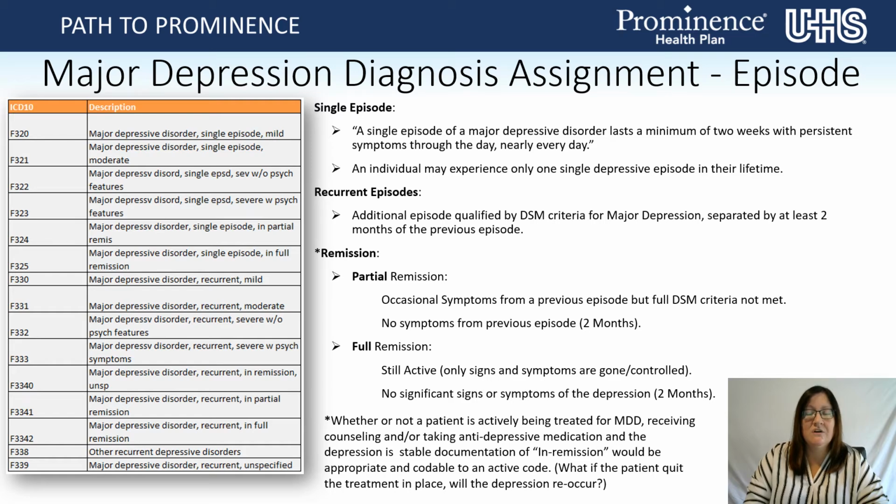Will the depression reoccur? So major depression in remission means that the signs and the symptoms of the depression are gone and controlled by the treatment methods that you have in place. Here on the left you see some ICD-10 diagnoses with the descriptors showing you the different selections available for single episode, recurrent episode, and episode in remission.